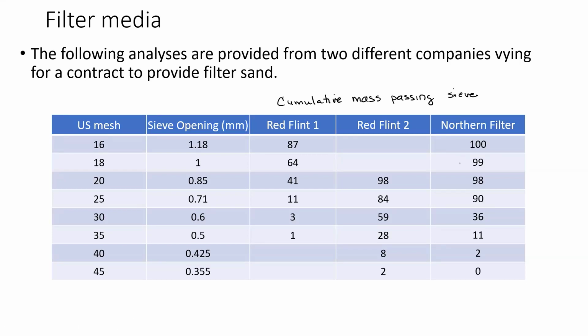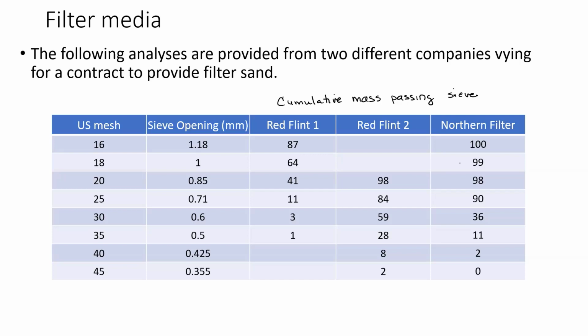And they've provided this information, where this is the cumulative mass passing a sieve. So those of you that have done sieve analysis in 312 or 337, this is essentially the same thing we're doing here, just not using it for aggregate, we're using it for filter media.